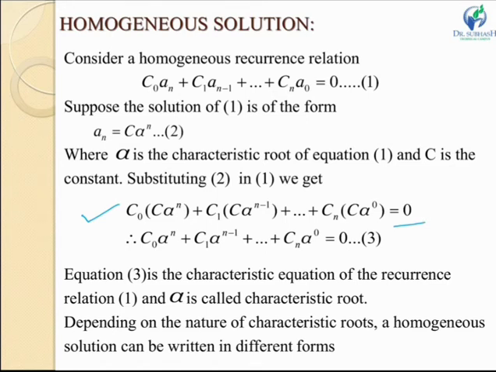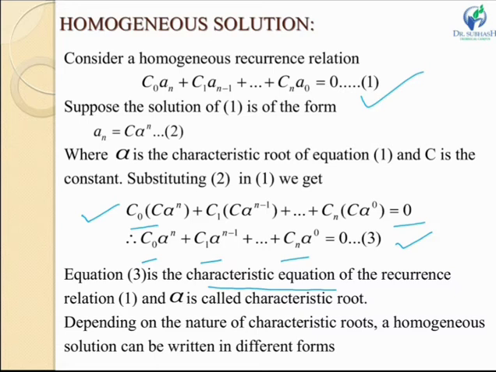Since c is constant, I can write (c0 alpha^n plus c1 alpha^(n-1) plus up to cn alpha^0) equal to 0, and I name it as equation 3. This equation 3 is called the characteristic equation of the recurrence relation 1, and alpha is the characteristic root.